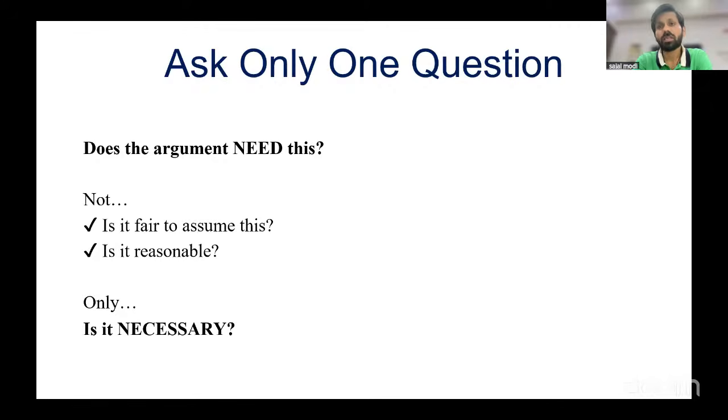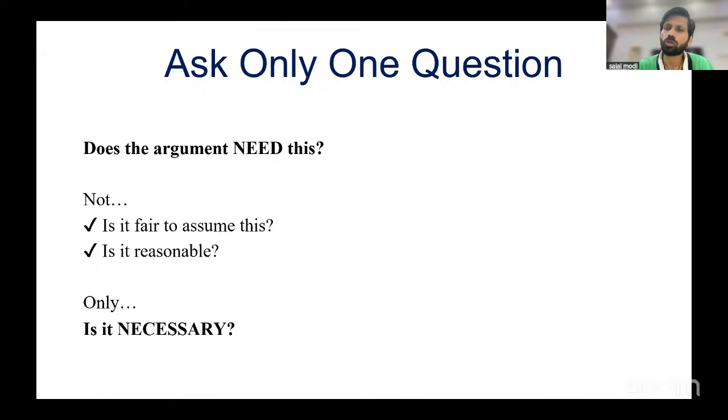In every question that we are solving, we are looking at these options. The question to ask is whether this option is actually necessary for the argument to hold. We are not looking for something where we ask, is it fair to assume this? Many times, students mark correct options as those statements that look reasonable to them, thinking, oh, this can be assumed.